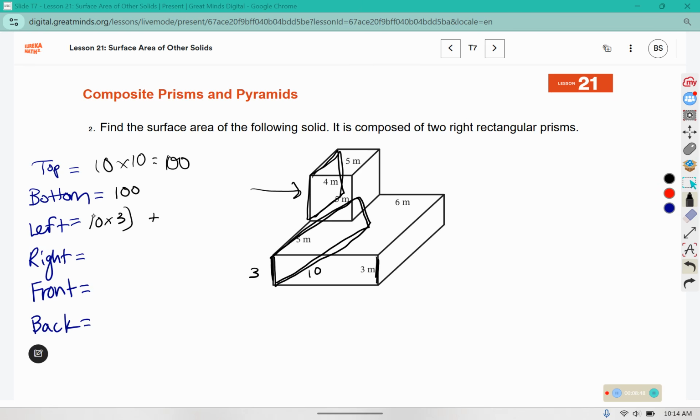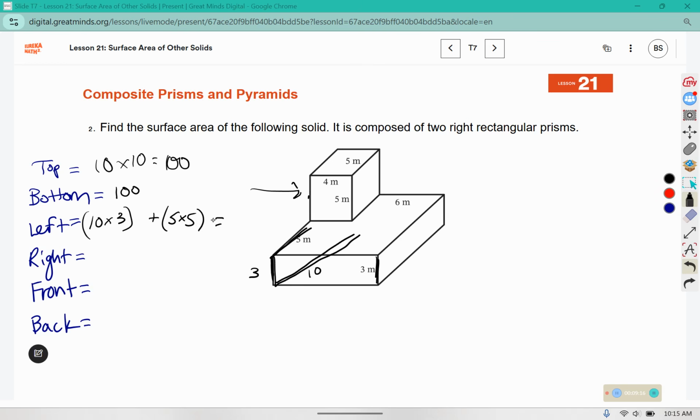It also has the upper rectangle, which is 5, so 5 across and 5 tall. 10 times 3 is 30. 5 times 5 is 25.